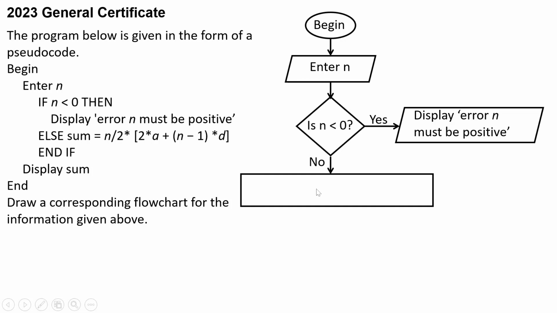Sum will be put here in the rectangular box, which represents a process, meaning the computer will now be processing in the processing unit, the central processing unit, which is the CPU. You enter this so that it is what it is going to process, because the value of n is a valid one.